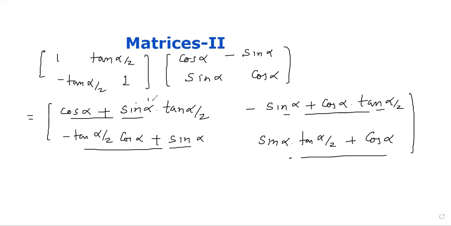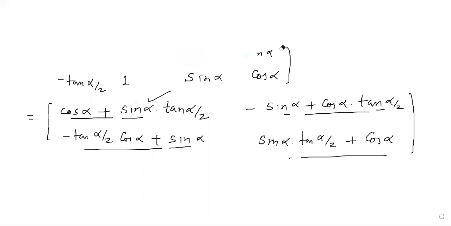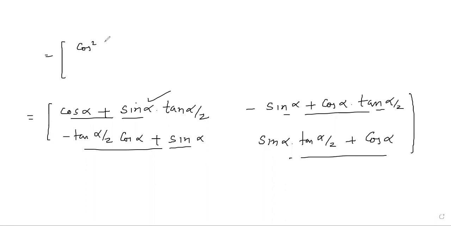So let's start from the first one. Here we can write cos alpha as cos square alpha by 2 minus sin square alpha by 2. The reason is cos 2x equals 2 cos square x minus 1, or 1 minus 2 sine square x, or cos square x minus sine square x.